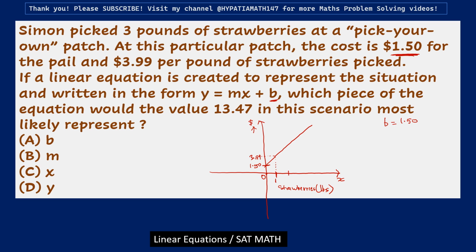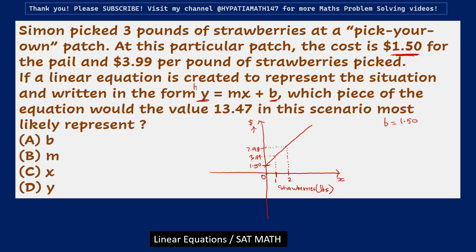If you're buying 2 pounds of strawberries, it would be 3.99 times 2, which is 7.98. This value, 7.98, is just the cost of the strawberries, and to that you have to add the cost of the pail.